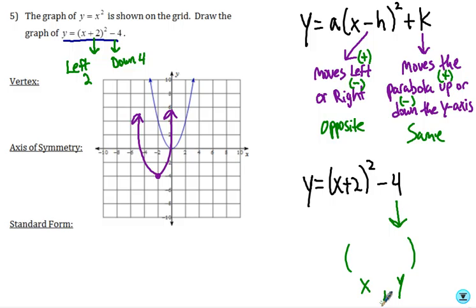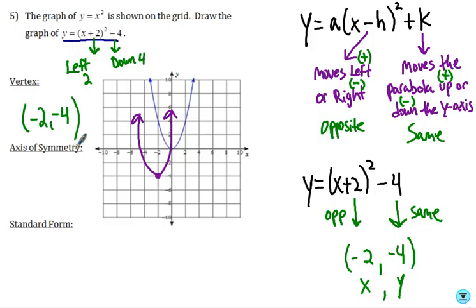So this one just kept it the same: a negative 4 means down 4. This one ended up being the opposite, so a positive 2 actually ended up at a negative 2. So for our vertex here, we've got a negative 2 and then negative 4.